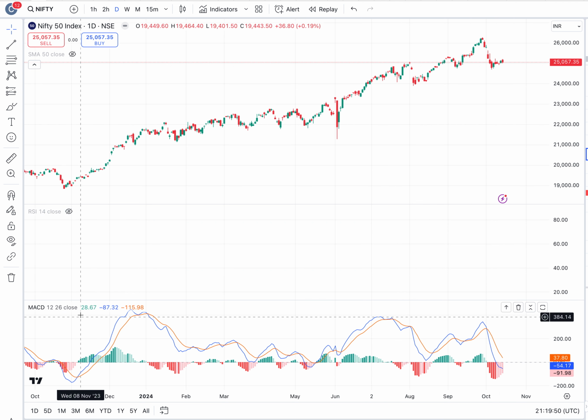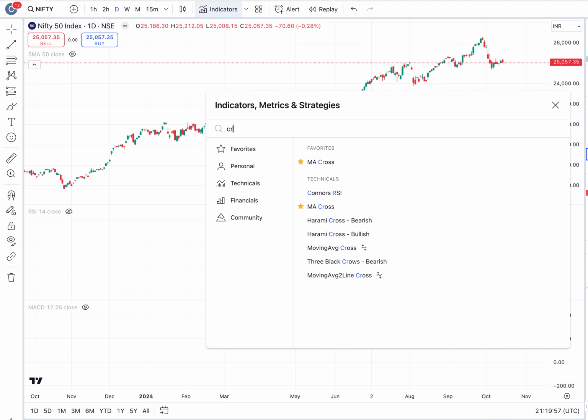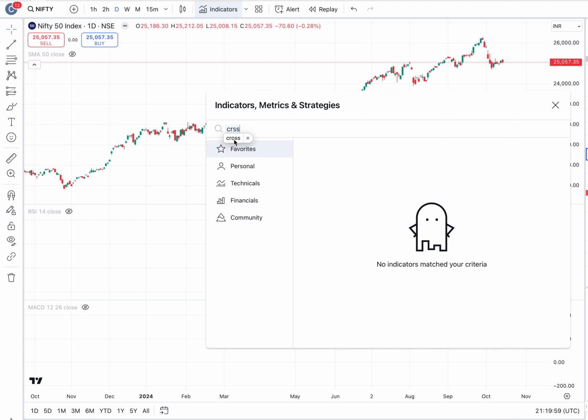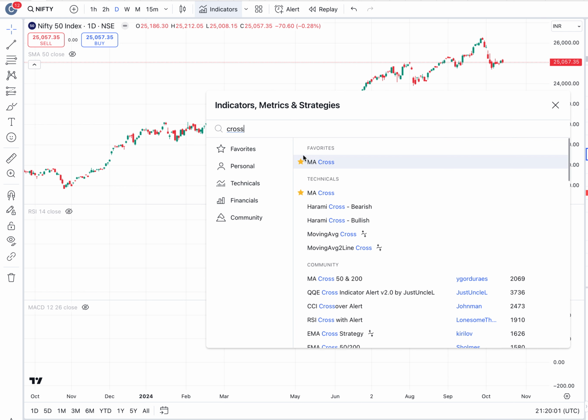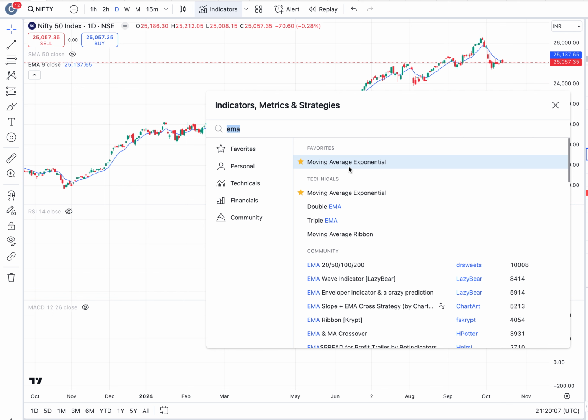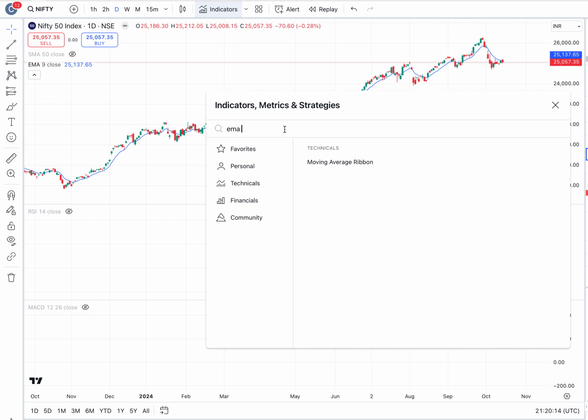The other thing, from a setup point of view, is if you have the EMA cross, the exponential moving average cross.